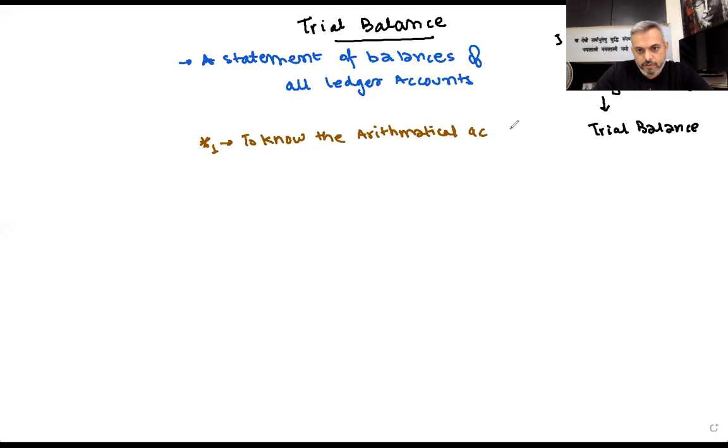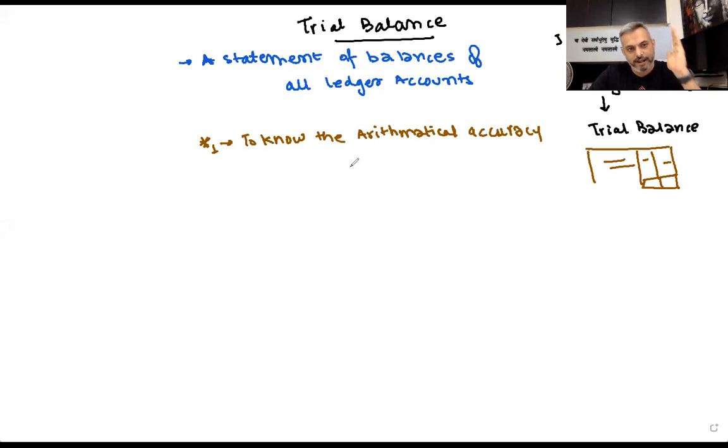Whenever you prepare a trial balance, which is basically a format like a journal, you write the name of the account and the balances, and at the end your debit side should be equal to your credit side. If it matches, it means you are arithmetically correct. It means your debit effect and credit effect, both what you have given, are the same.